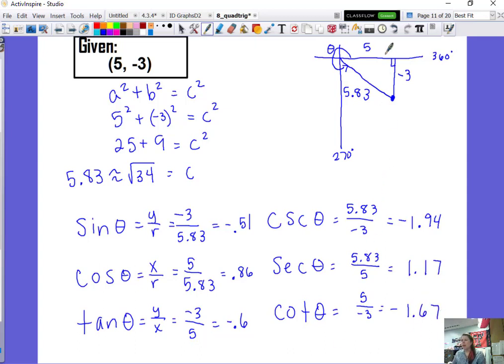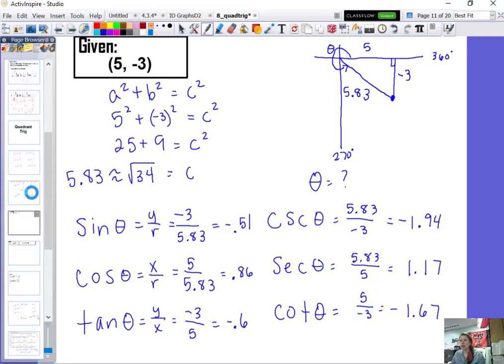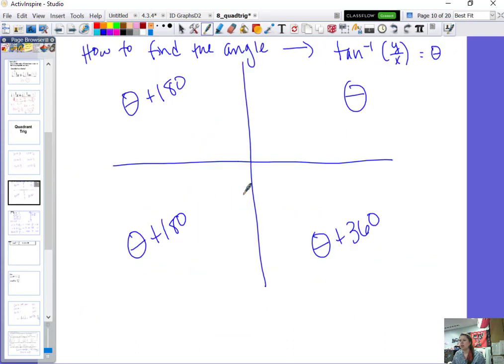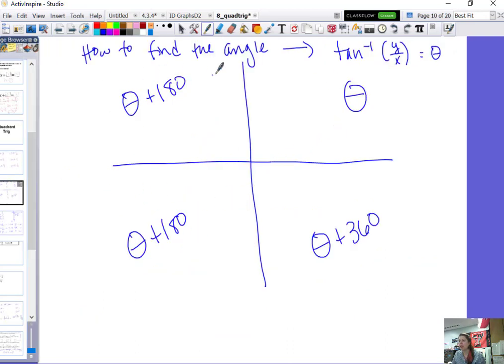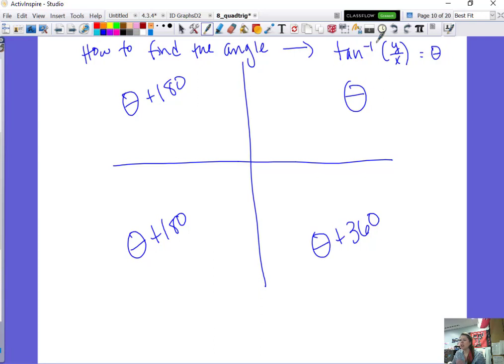Being in the fourth quadrant, we just wrote all of these trig functions for this particular right triangle, but what is the angle measure? How would we find the angle measure for this? Once you have y and x, the easiest way is inverse tangent.